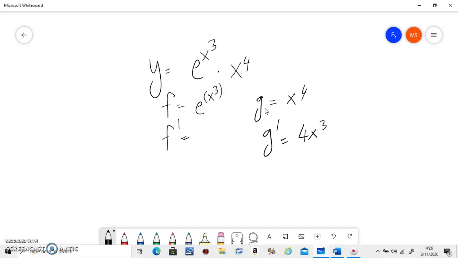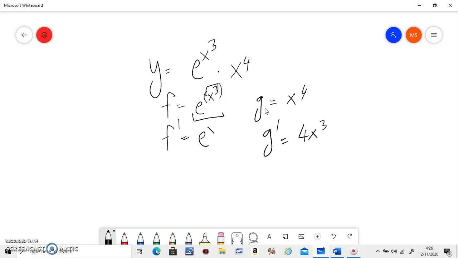Now f prime is a chain rule, if you remember. So we have to use chain rule inside the product rule. Hence chain rule is extremely important. You have to use it every time you see something other than x in a bracket. So what is this using the chain rule? It's the differentiation of the whole thing times the differentiation of the inside.